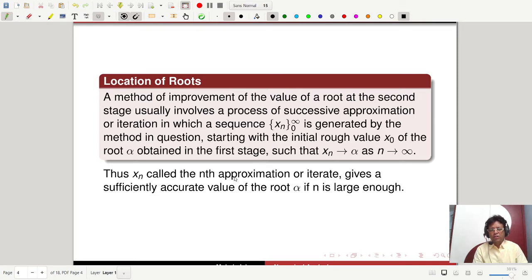So, the first rough value x naught is obtained, then you have a sequence of iterates x_n, such that x_n tends to alpha as n tends to infinity. So there are successive iterations actually. Thus, x_n is called the nth approximation or iterate, and gives a sufficiently accurate value of the root alpha if n is large enough. Okay, so there is a sequential concept.